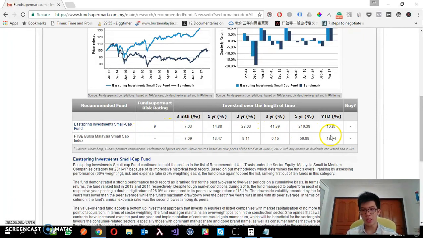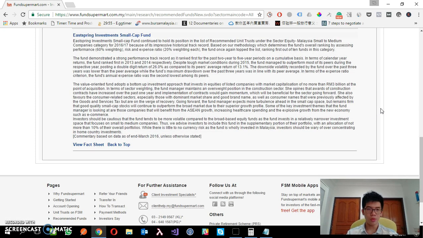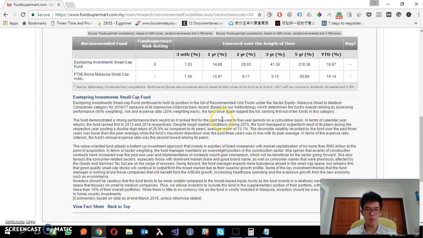As you can see, over the long term the actual return is lower than the projected return. Here is just a summary of why they chose this fund as a recommended fund.